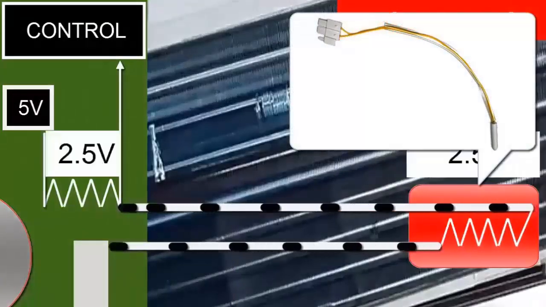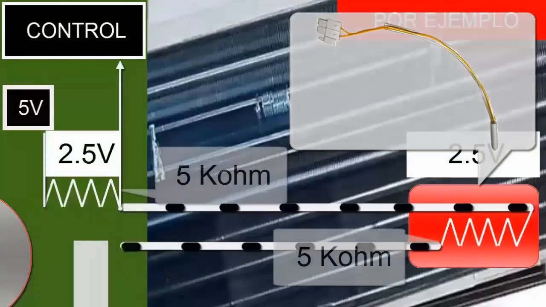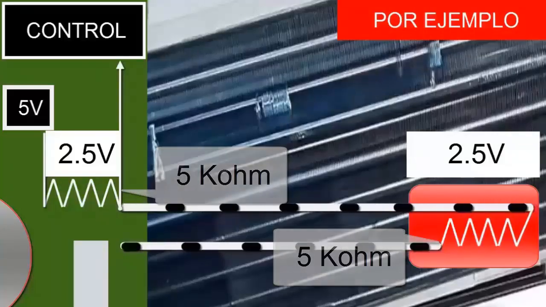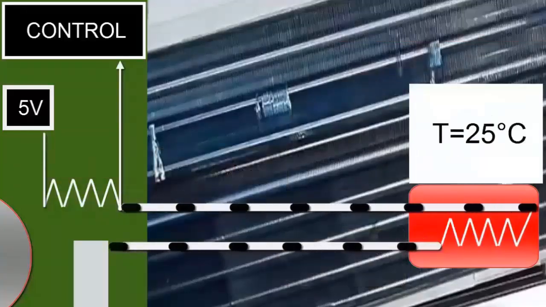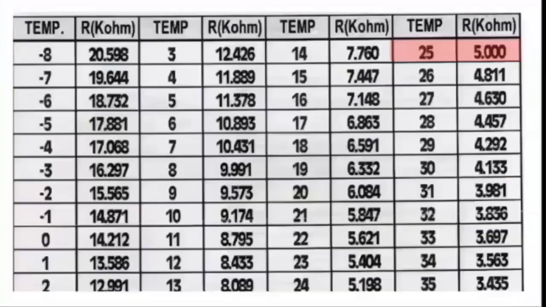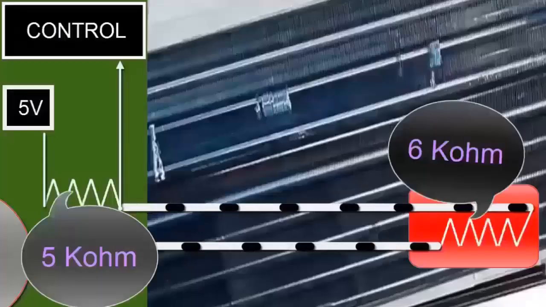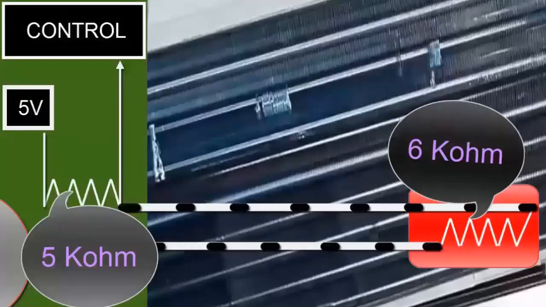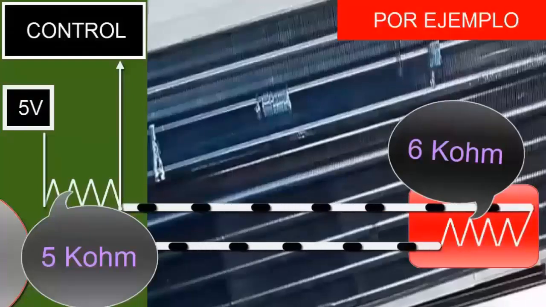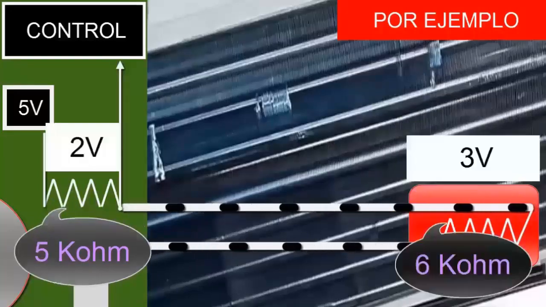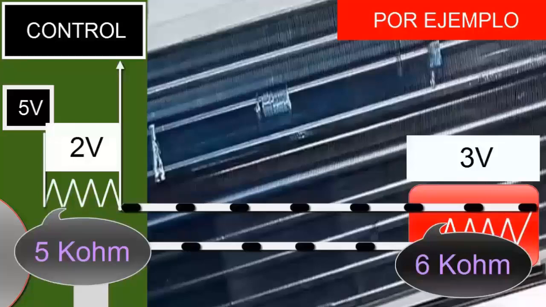For example, if both resistors are 5K ohms and are powered with 5V, each one receives 2.5 volts. If the temperature decreases, the resistance of the thermistor increases, modifying the voltage distribution. This variation is interpreted by the controller to adjust the unit's operation.